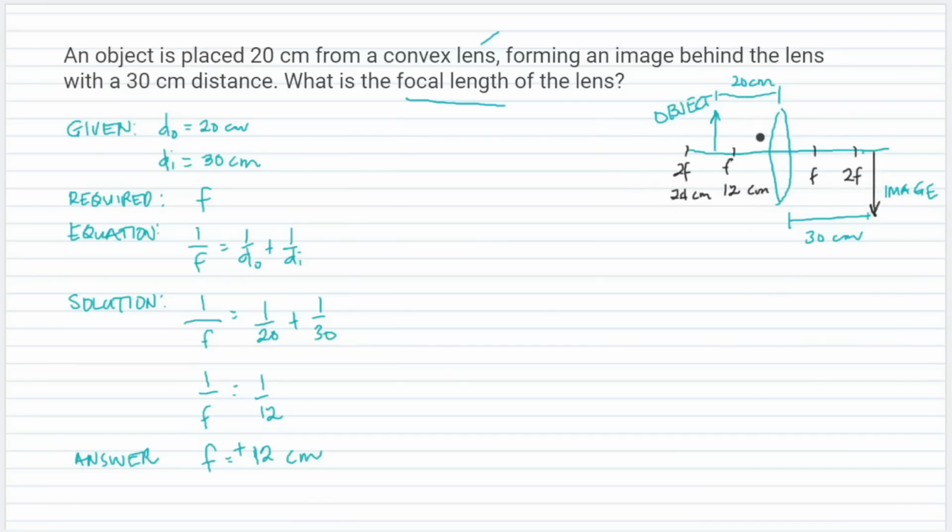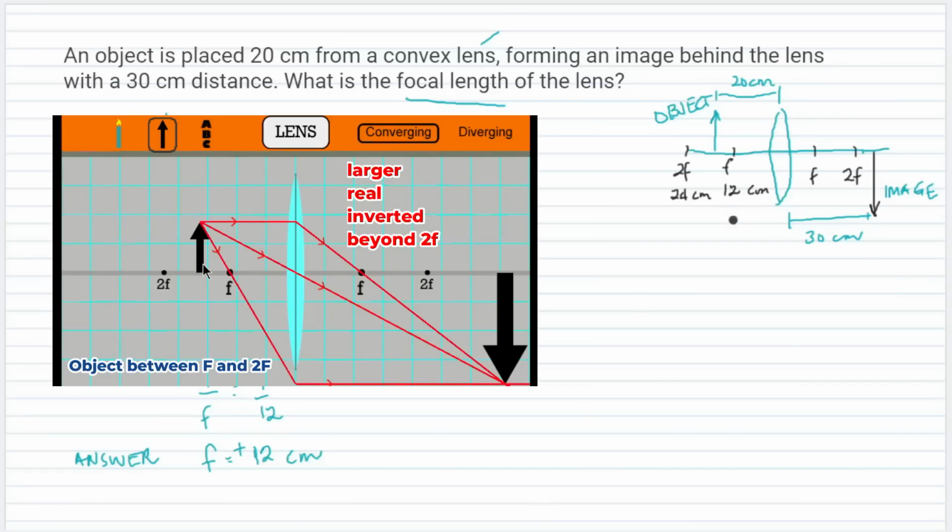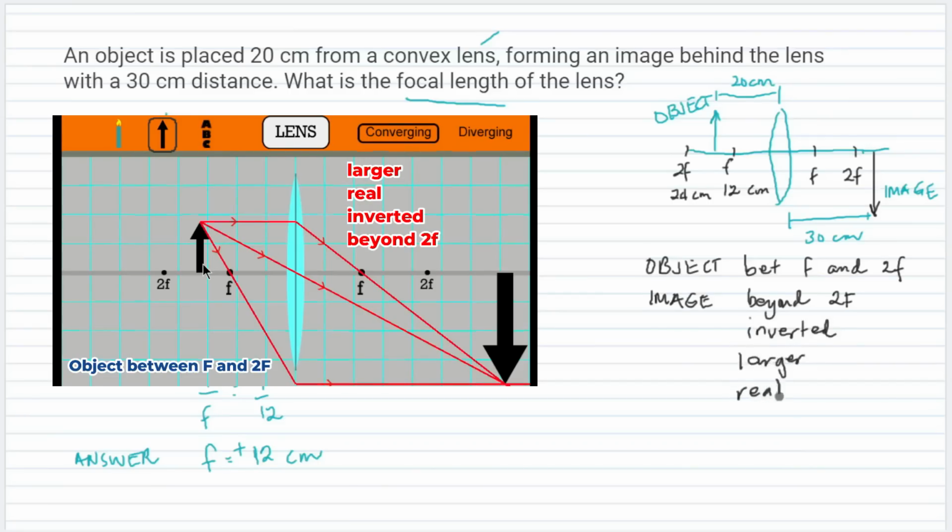So that would mean that your image would be formed beyond 2F, and that confirms, kasi a while ago I showed you a ray diagram, that whenever the object is located in between F and 2F, you will have an image that is beyond 2F, inverted, larger, and of course, real.